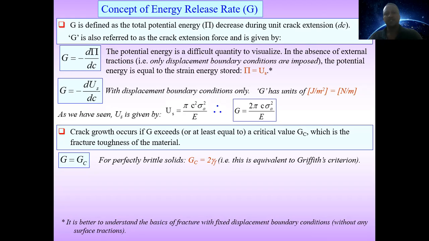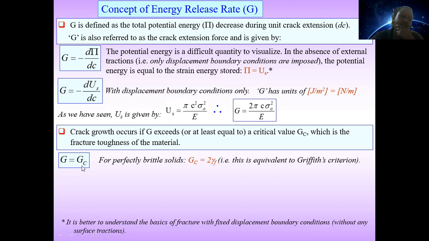As we have seen, Us is given by Us equals pi c square sigma square over E. Therefore, G equals 2 pi c sigma square over E, by differentiating this U with dc. Crack growth occurs if G exceeds a critical value Gc. Gc is the critical value of energy release rate, which is the fracture toughness of the material.